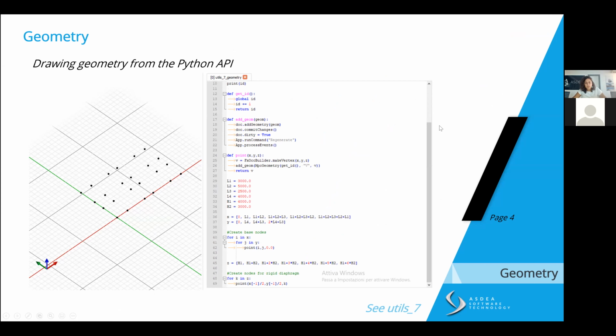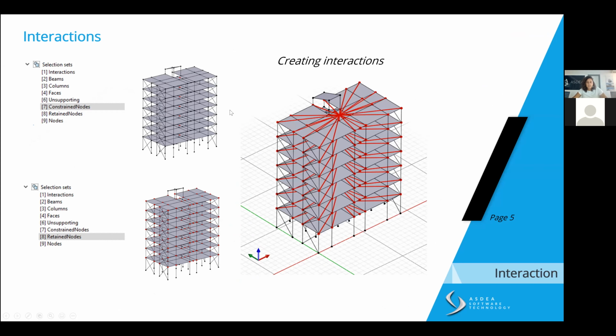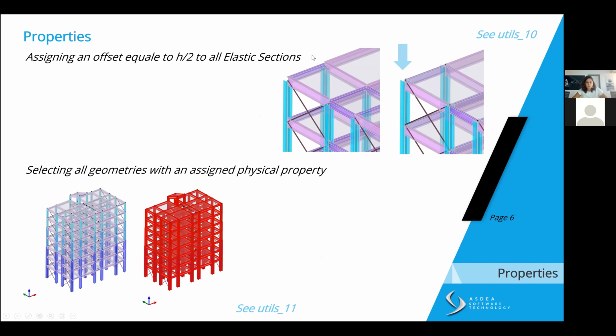If you are doing a steel structure, then we're going to assign an interaction and maybe use selection sets, which are very easy to use. Then we can use a script to assign an offset to all the beams in a model. This is a very simple example because we use just 2 types of beams, but normally in an RC structure or a steel structure, you have very many different types of physical properties, sections, or also materials if it's an existing building.